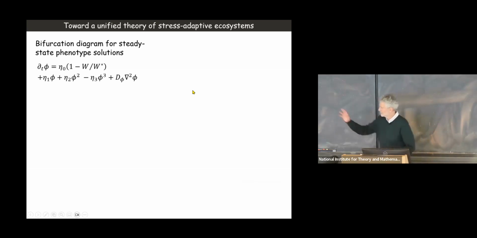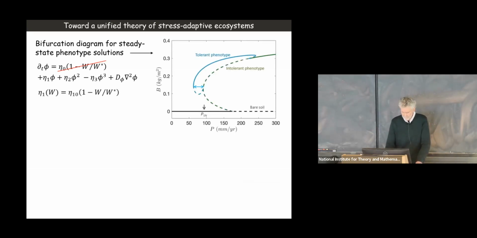We saw this equation for the phenotypic change, having stomatal closure in mind. But let's consider another phenotypic change mechanism where the first term is negligible and the second term is the one that changes sign as W drops below W star.